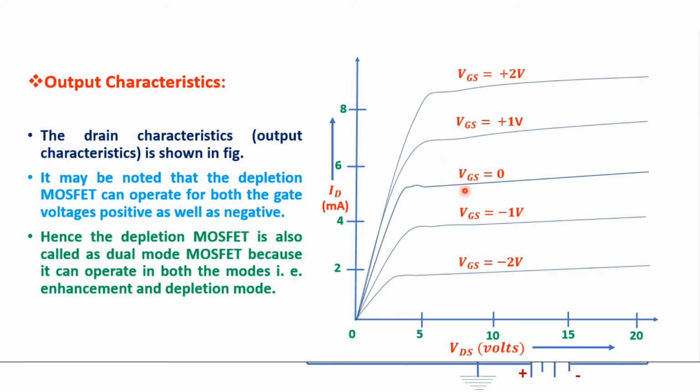For example, when gate to source voltage is kept equal to 0, and we vary the drain to source voltage, up to a certain voltage, that is this voltage, the drain current will be directly proportional to the drain to source voltage, and if we increase further, then this drain current becomes constant. So this output characteristic is nothing but the variation of drain current with respect to drain to source voltage, keeping gate to source voltage fixed.